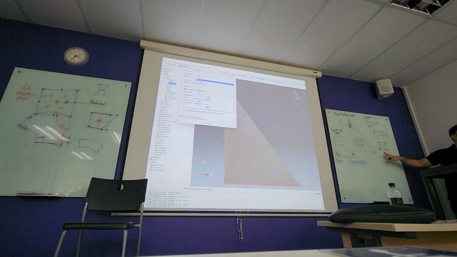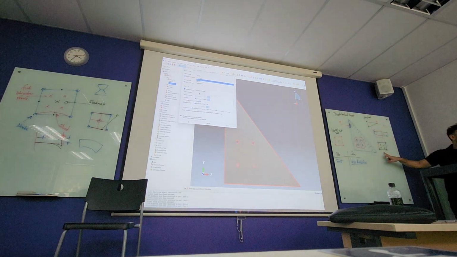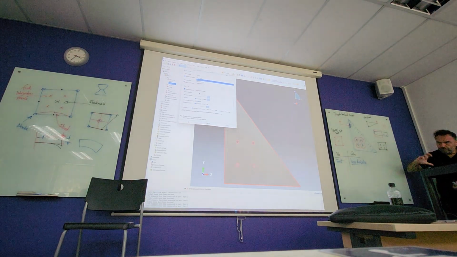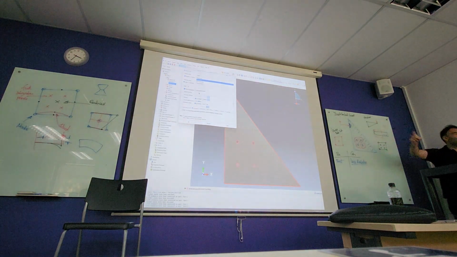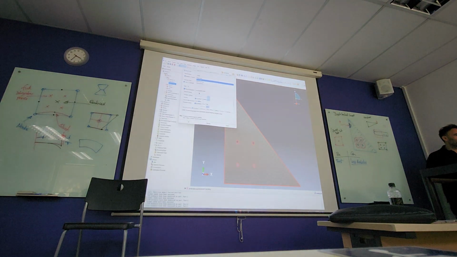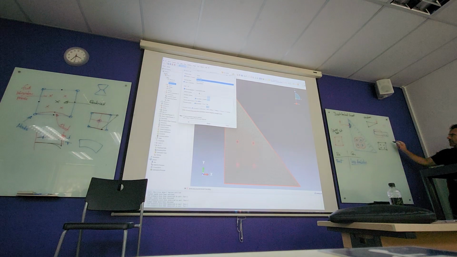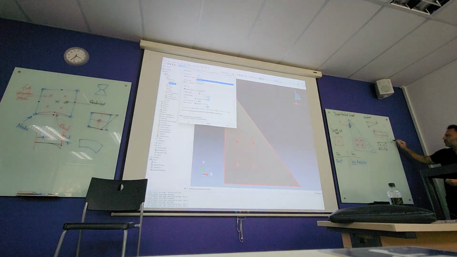It's much more expensive. That's one thing. It potentially solves that problem of hourglassing, but creates another problem. Another problem is called shear locking. So if you go with the full integration, so linear, full, you got shear locking.